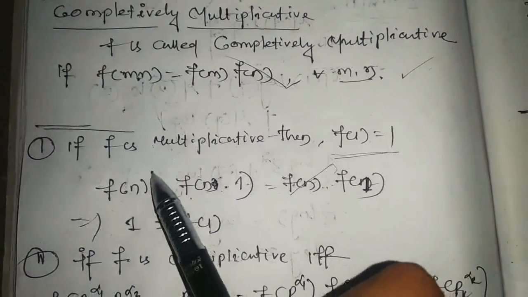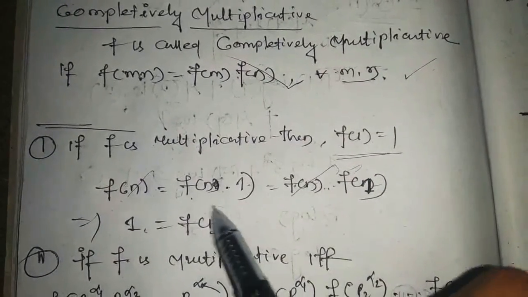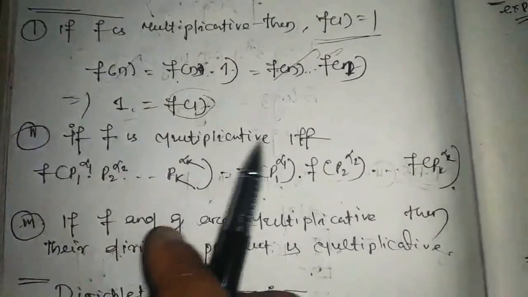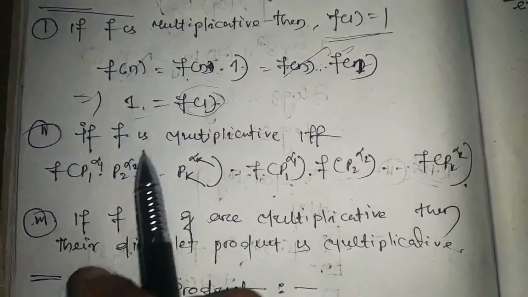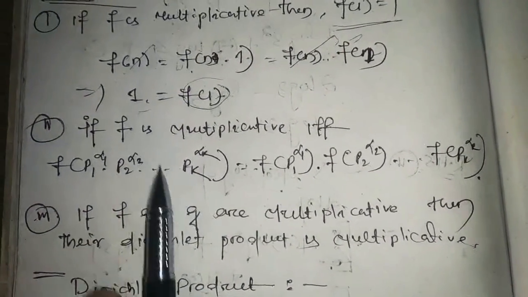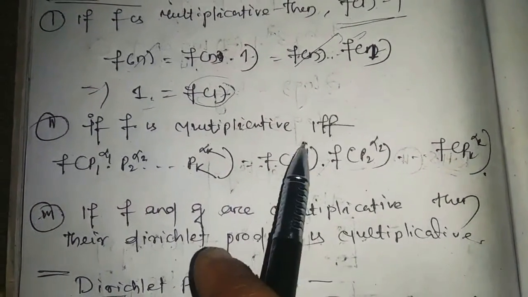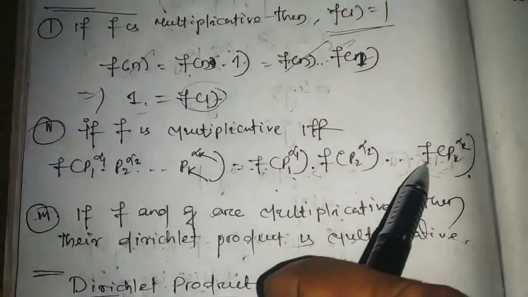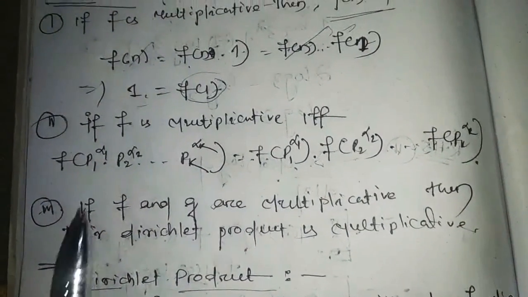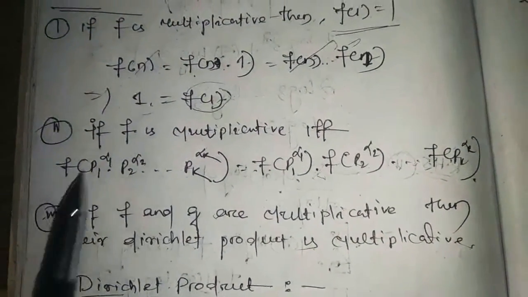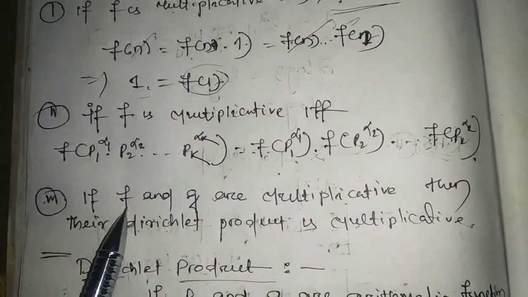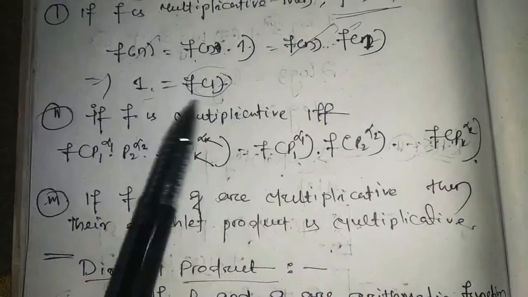Cancelling f of n on both sides, this gives f of 1 equal to 1. Again, f is multiplicative if and only if f of p1 alpha 1 p2 alpha 2 ... pk alpha k is equal to f of p1 alpha 1 into f of p2 alpha 2 into ... f of pk alpha k. This happens if and only if f is multiplicative.